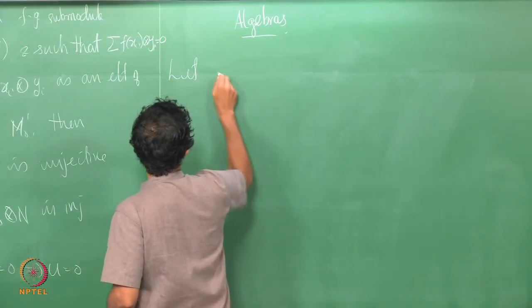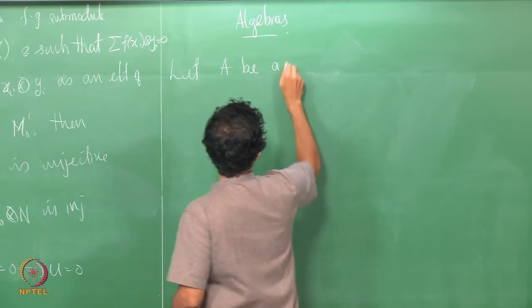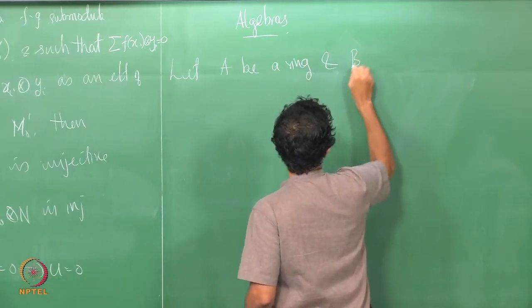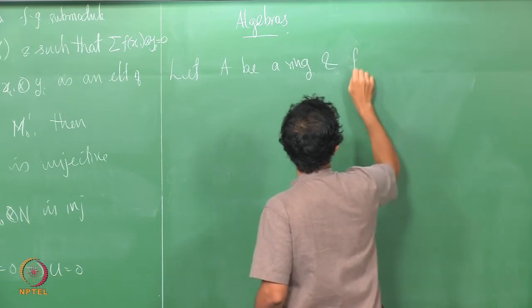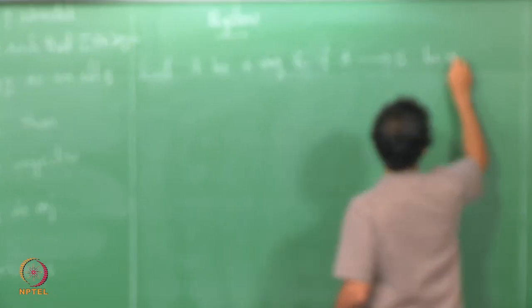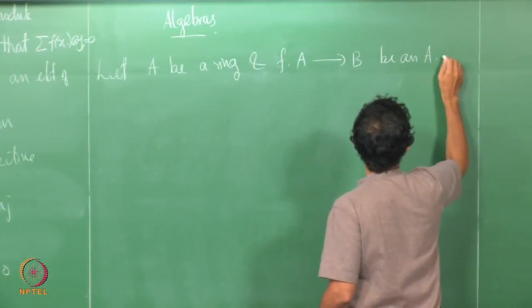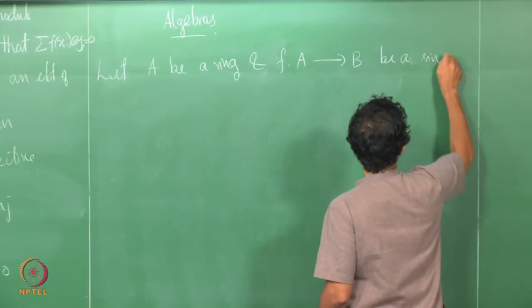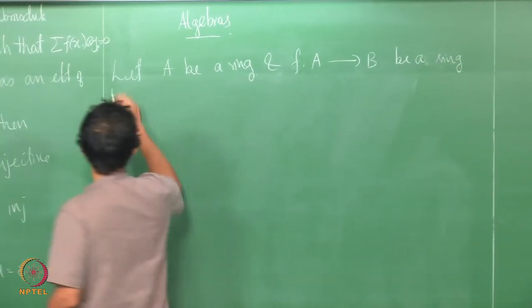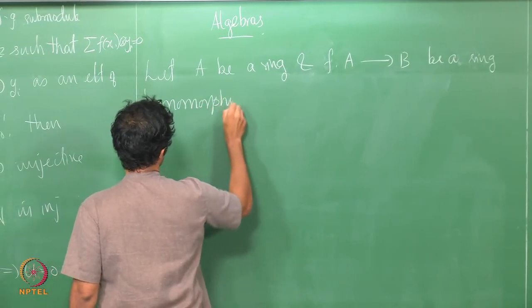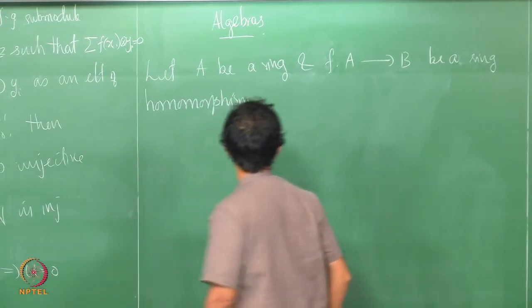Let A be a ring and f from A to B be a ring homomorphism.